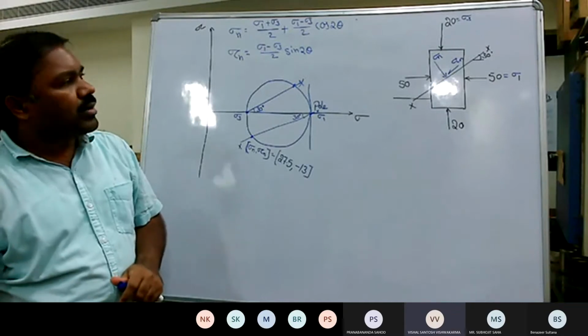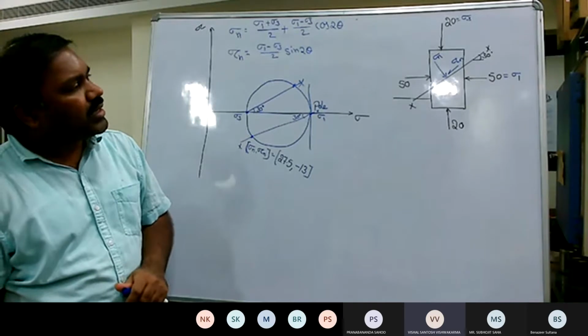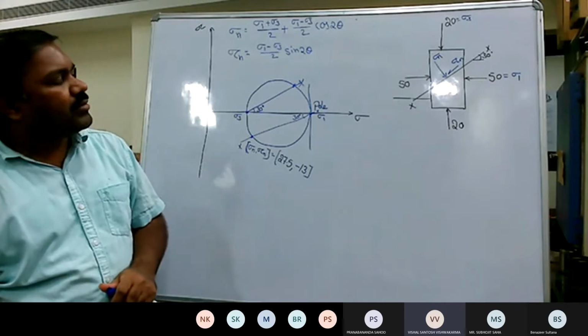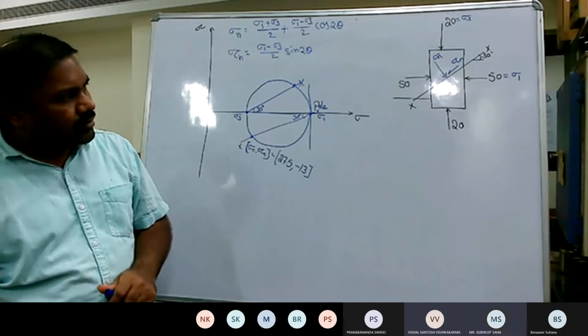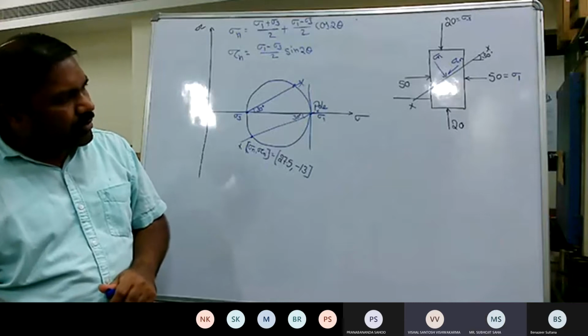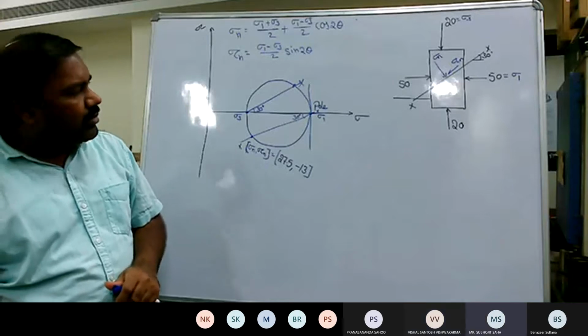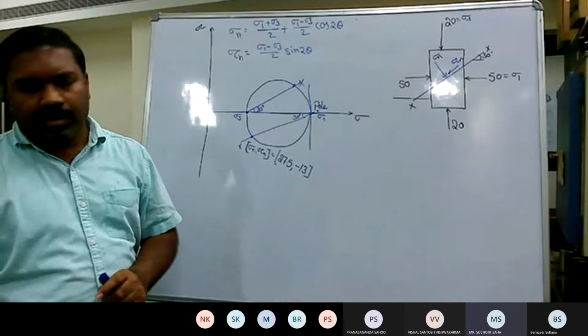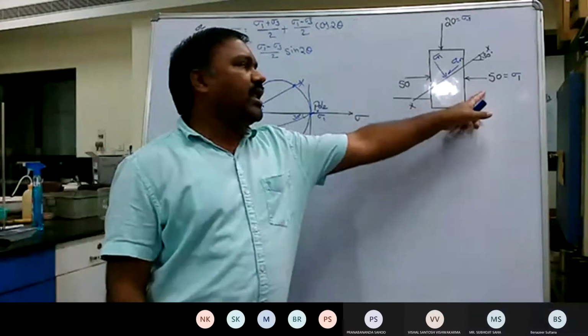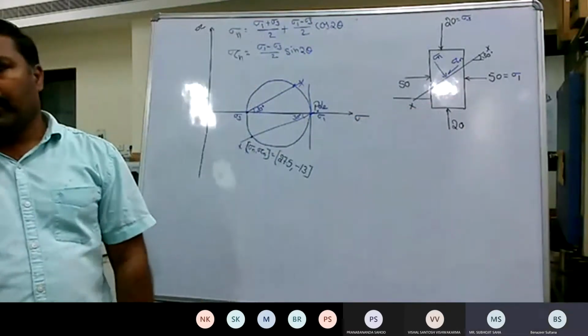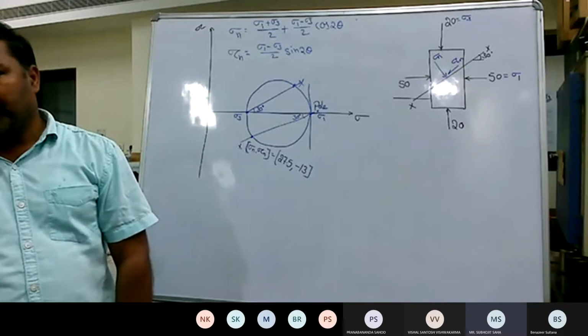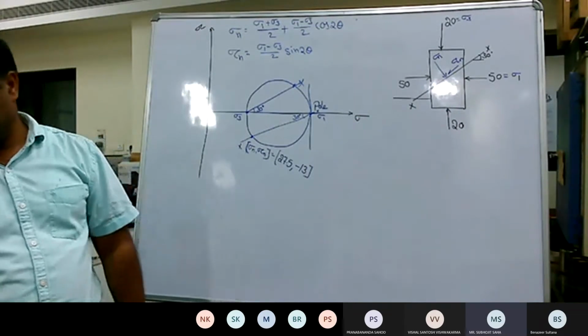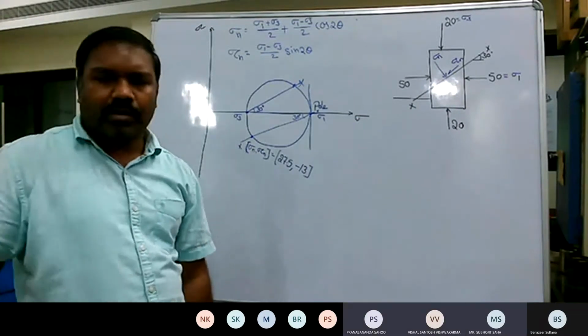So 90 minus 30 will be 60 degree with the major principal plane. Sir, the pole will be on sigma 3, I think. No, the pole will be at sigma 1 only, because the lateral direction is the major principal stress. Yes sir, that theta will be 60 degree.